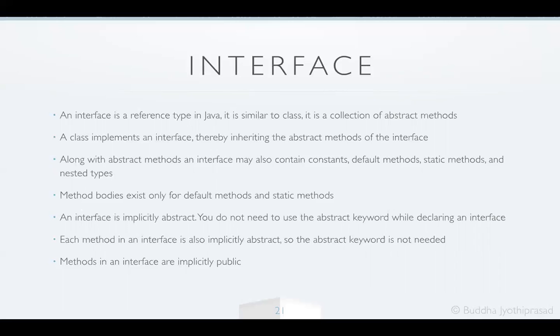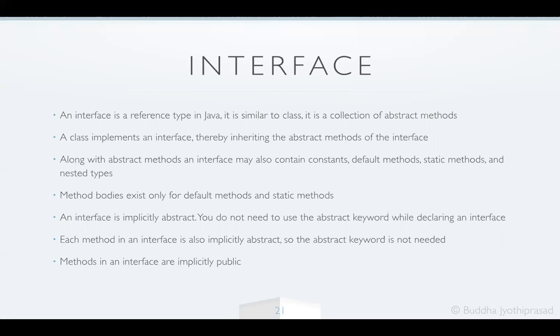In an interface also we can give certain method declarations, and the definitions will be enforced in the classes that are implementing the interface. Interface is another type of data type that we can create in Java.